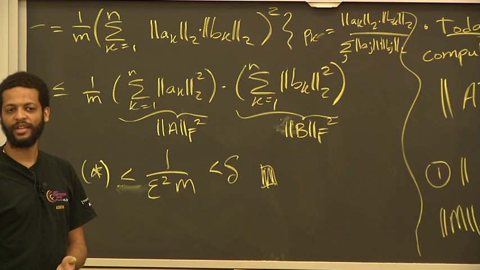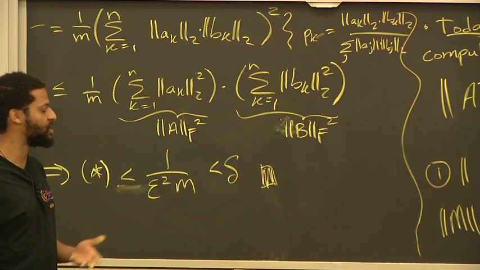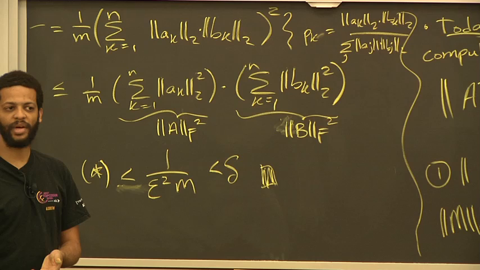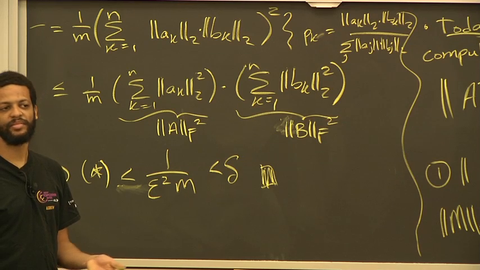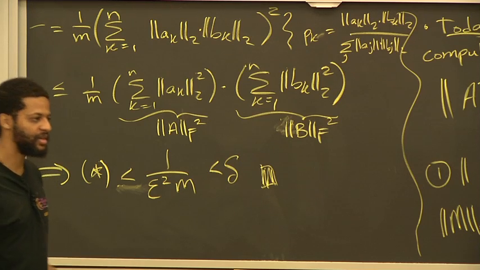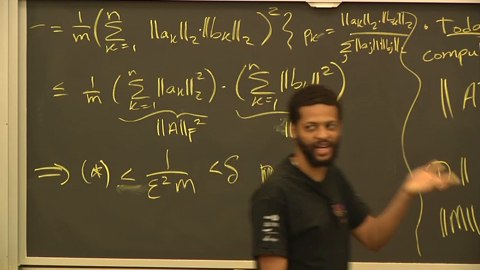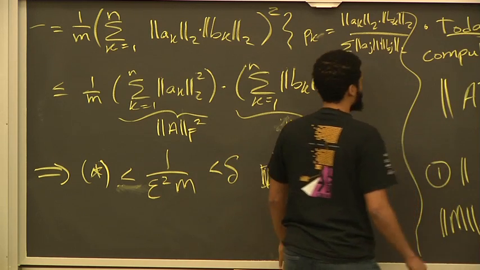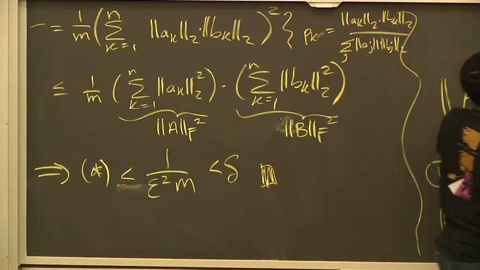Of course, you also have to take into consideration the time it takes to multiply pi times A, but that's also really fast because pi is just a sampling matrix. It's really sparse, so you can sample rows in sublinear time. Okay, good. That's all I wanted to say about that.